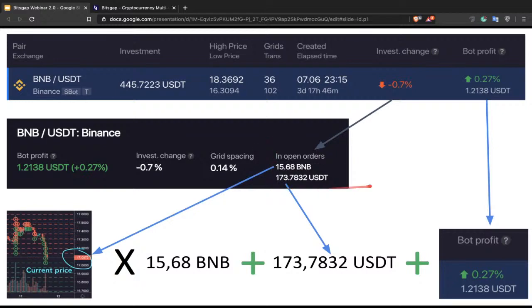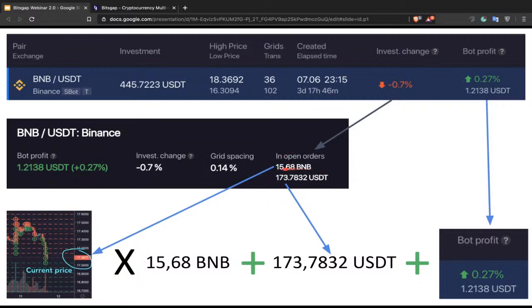So for you to understand what is the current investment value, simply take a look at your open orders. So here we have, in this case, 15.68 BNB in open orders. So these are BNB that we possess as the bot has purchased it, allocated to the sell limit orders. And below is the amount of the quote currency, which is currently allocated to buy limit orders.